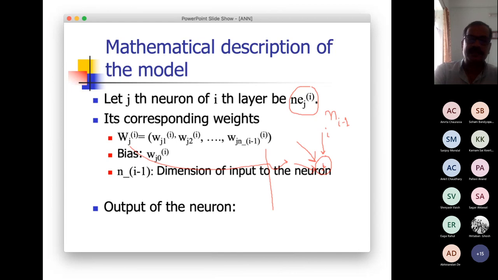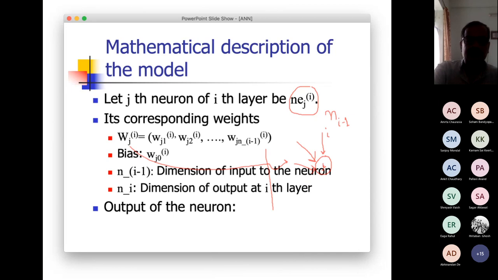That means you understand that it is basically the weight vector, the dimension of the weight vector. And ni is the dimension of the output at the ith layer. So from the ith layer, there are ni number of nodes.